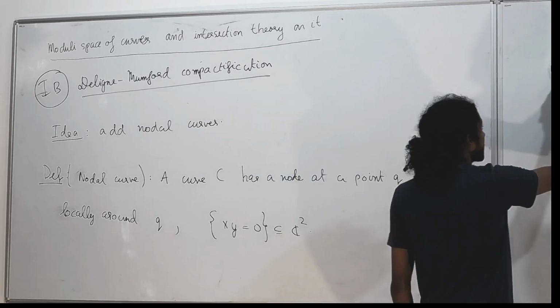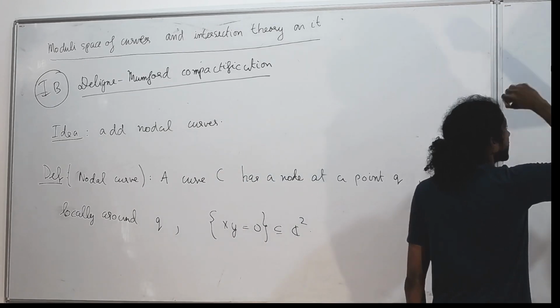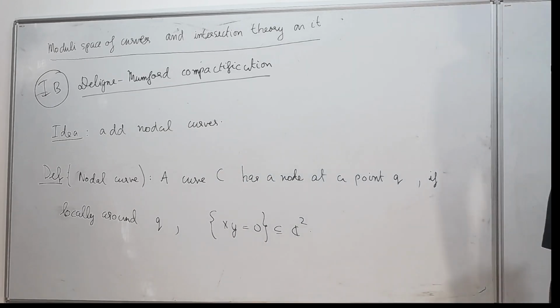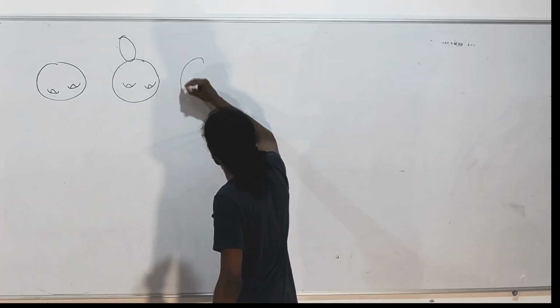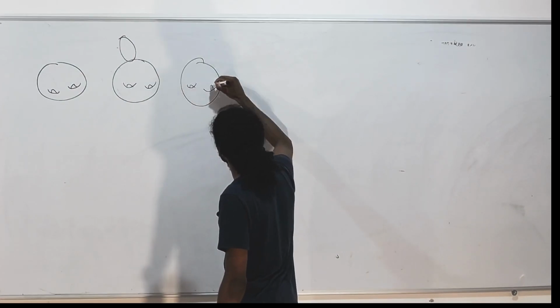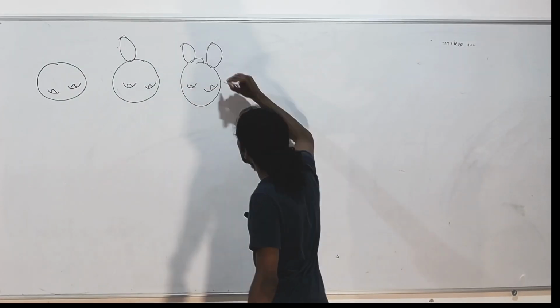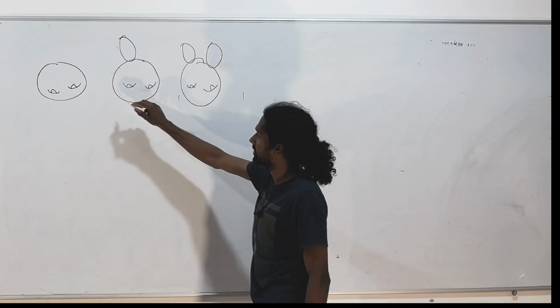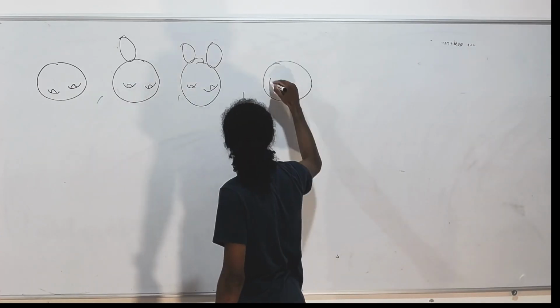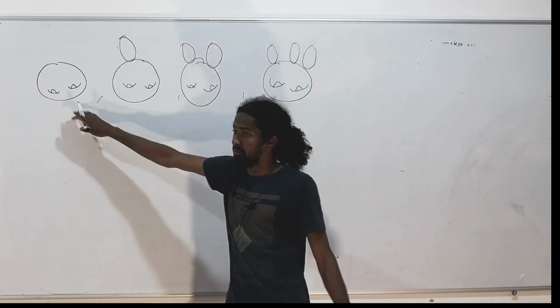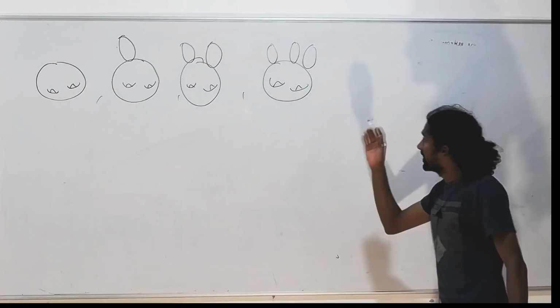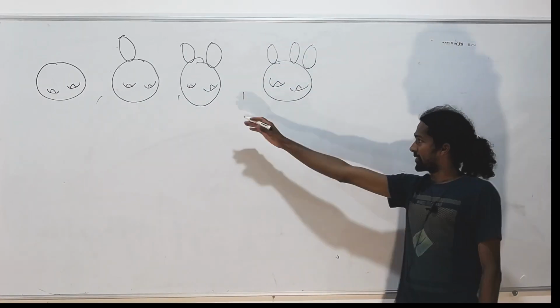Let's take a curve with two genera, and then I start adding nodes. So it's like a sequence. I had 3 nodes. So this one was fine, this was perfectly fine.